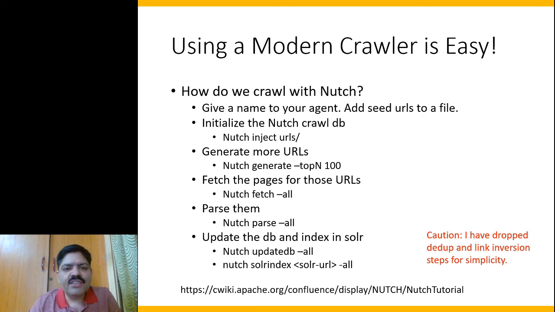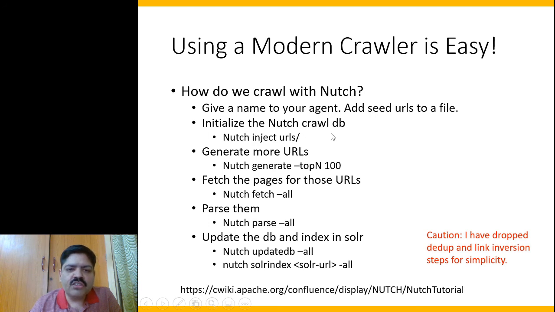There is a configuration file where you could go ahead and name your agent, let's say CMI crawler, and you have a seeds file. You create a file and put a few seed URLs there, let's say cmi.com, yahoofinance.com, or a few sites which you think are authentic. And after that is done, we are ready to start the crawl process.